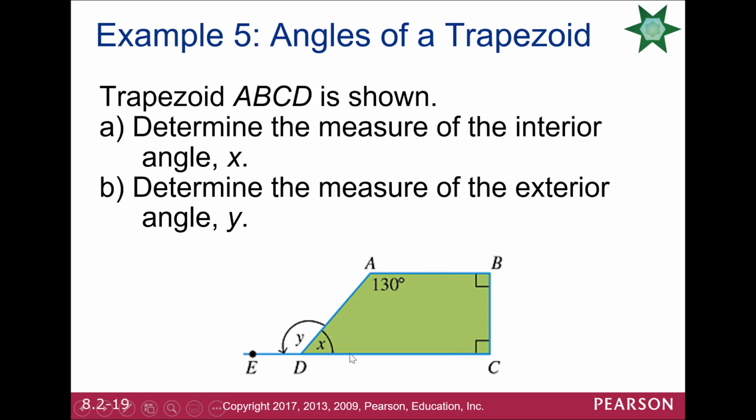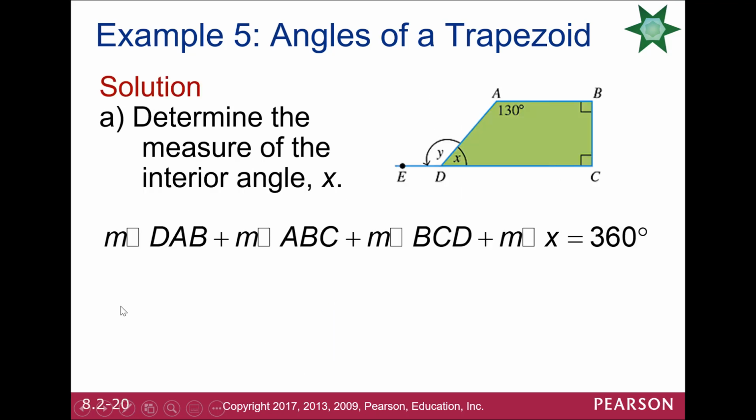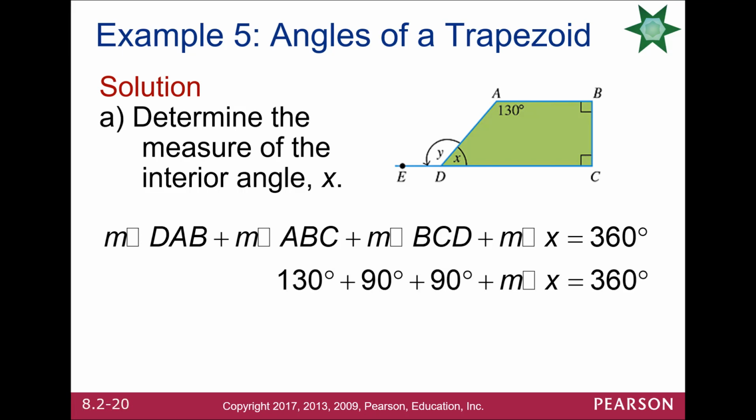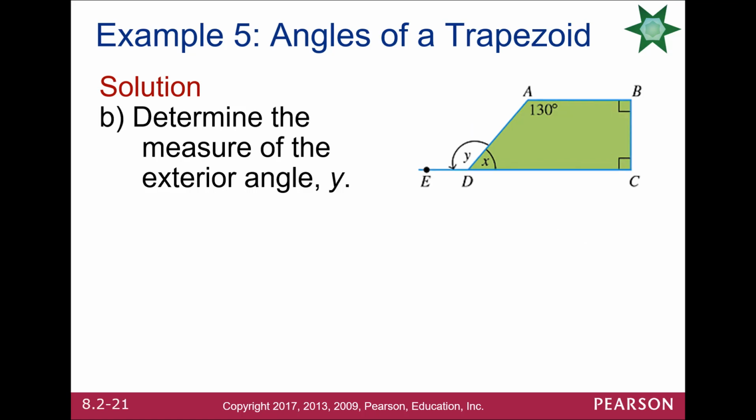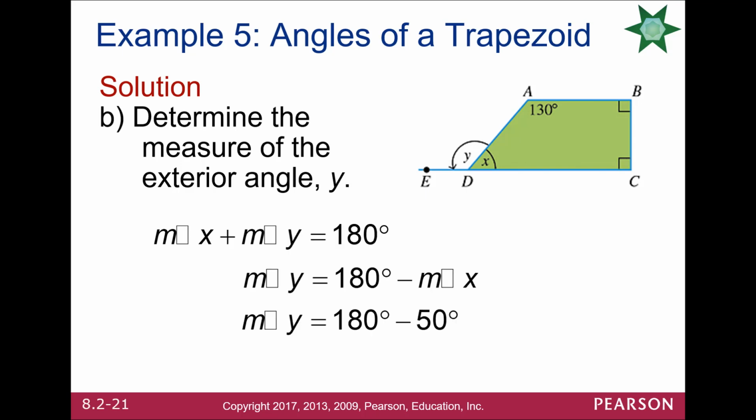Once we know x, we can subtract from 180 to solve for y. Then y would be 180 minus 50, or 130.